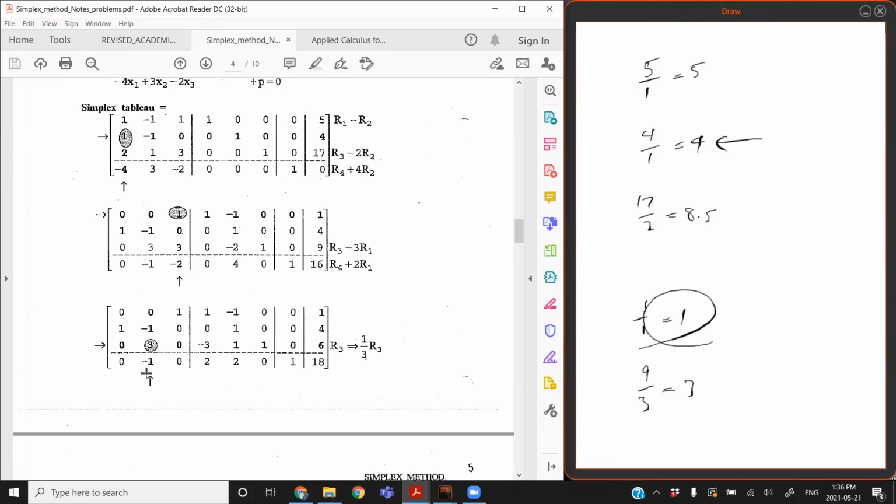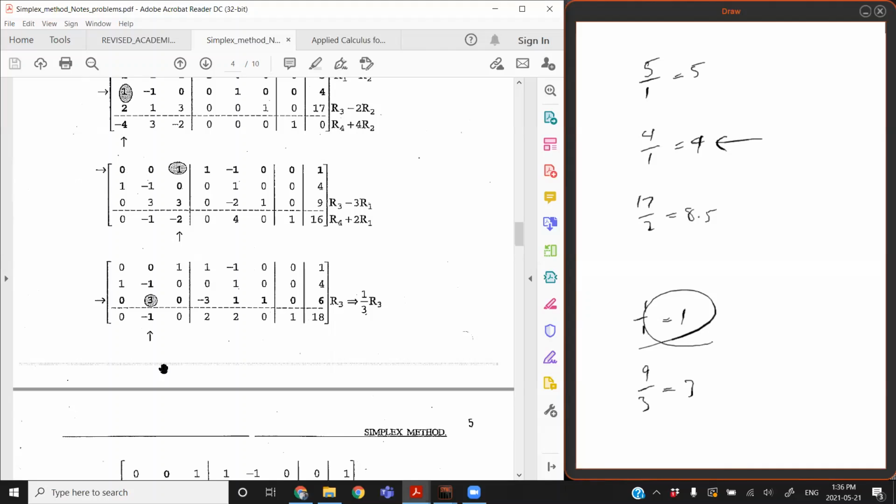I will be done when all these numbers here are non-negative. So at this point, I know that I need to do another set of row operations. So my third pivot position will be in this column. And here I only have one choice because this is 0, cannot be pivot position. This is negative, cannot be the pivot position.